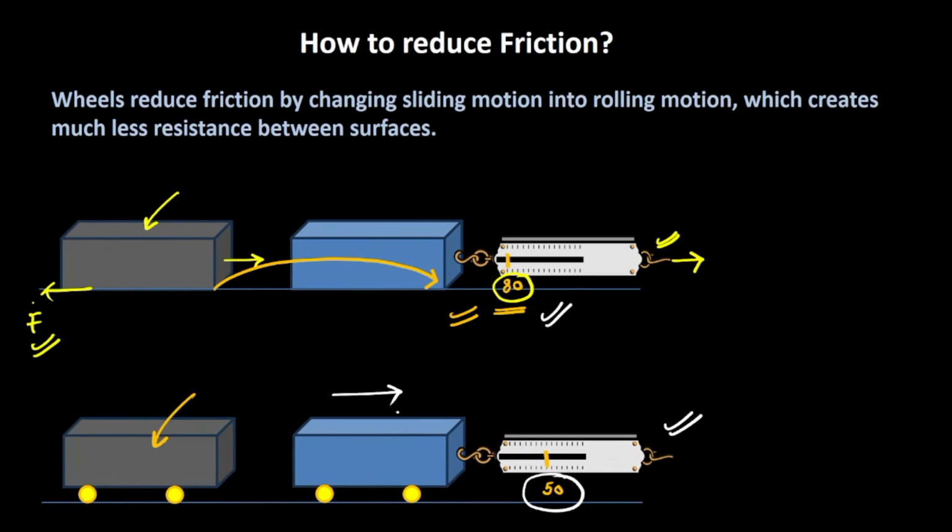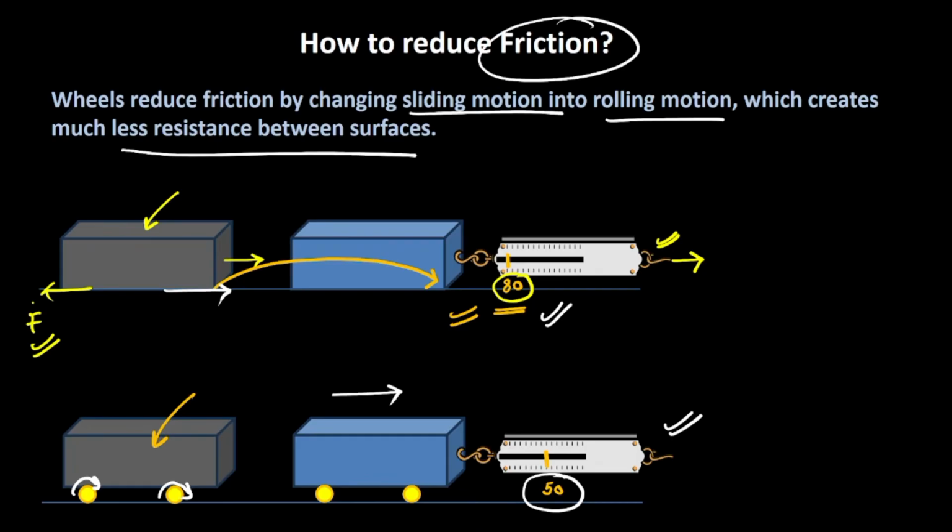The reason they are able to reduce the friction is because they change the sliding motion into rolling motion. In the first situation, the box was sliding, but in this situation, these wheels are rolling, and rolling friction is lesser than sliding friction, which creates much less resistance between the surfaces and thus ultimately reduces the friction.